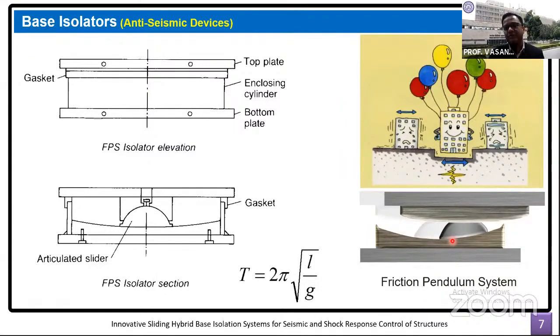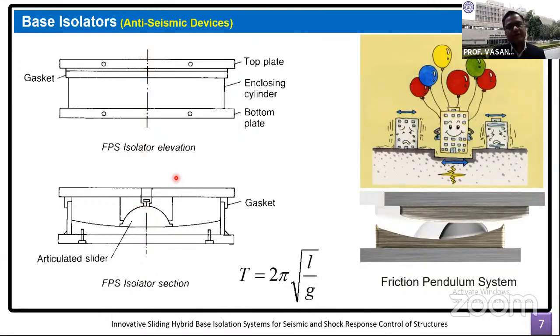This is comparable to a single pendulum having a particular length, and when it oscillates, it has a certain time period, and the building on top of this will achieve that time period. So this is how the conventional friction pendulum system would look.